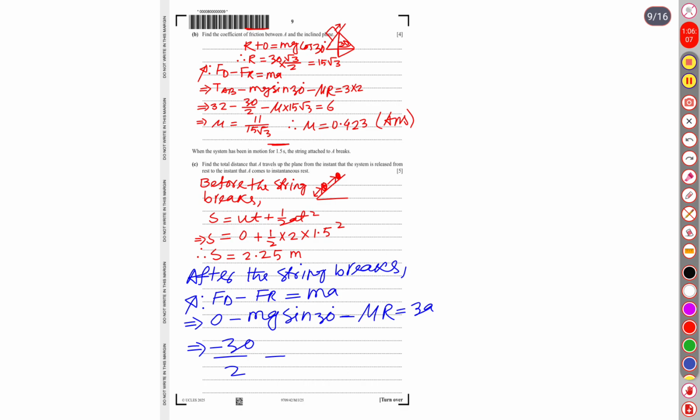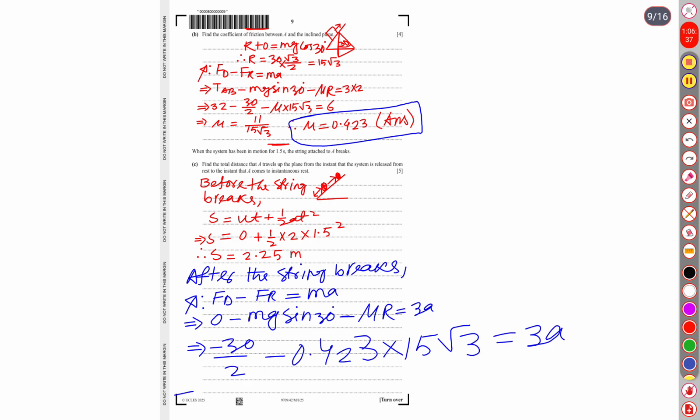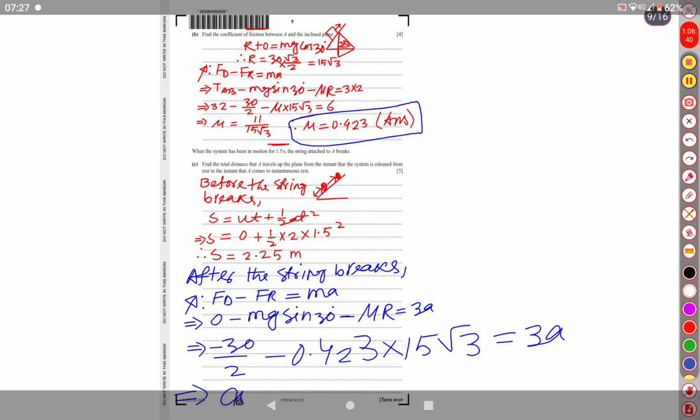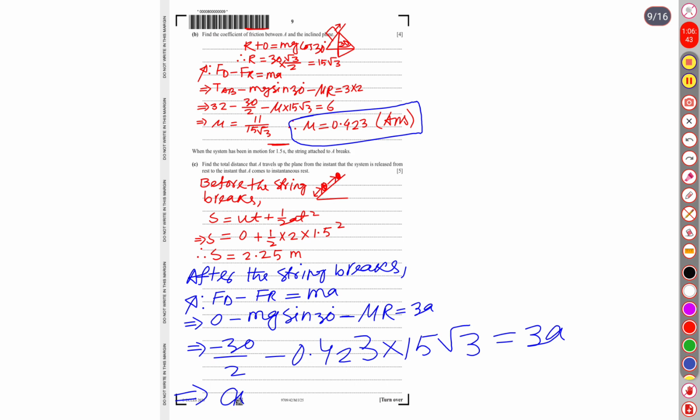This is our mu, that means the frictional coefficient, so 0.423, and our normal reaction was 15 square root over 3, is equal to 3a. We are supposed to isolate a, so acceleration is to be obtained.